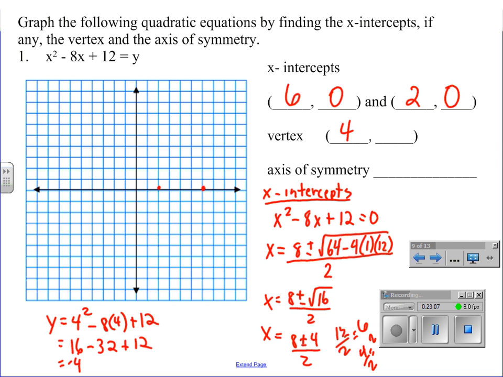So I got 4, negative 4. Okay, what's my equation for my axis of symmetry? x equals 4. Good. x equals 4.